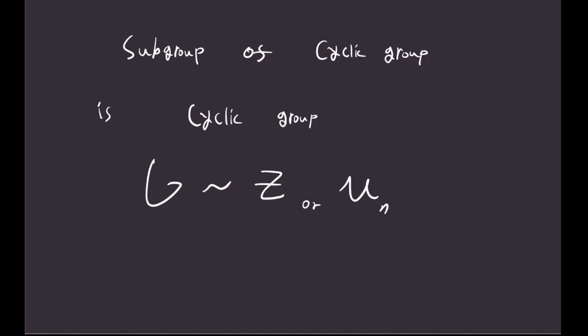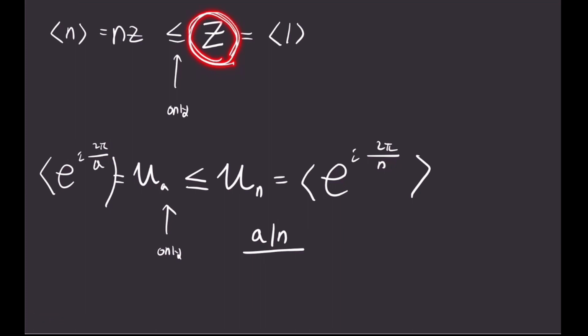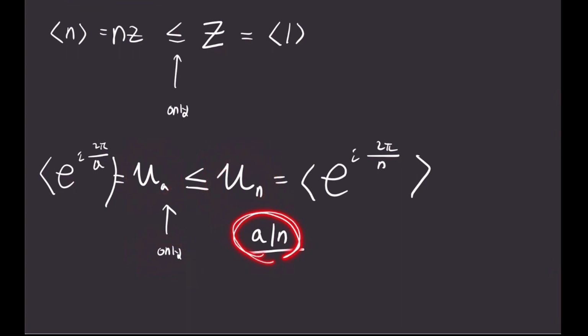So we have to just think about the case of the integers and mu sub n. We know that the integers only have subgroups nZ, and also nZ is a cyclic group, right? And also mu sub n has only subgroups mu sub a when a is a divisor of n, or n is a multiple of a, right? And also mu sub a is trivially a cyclic group. So the end. Good job.